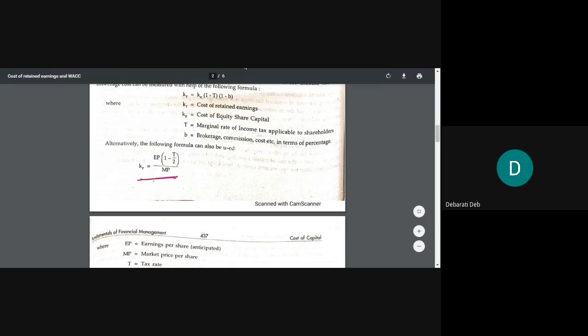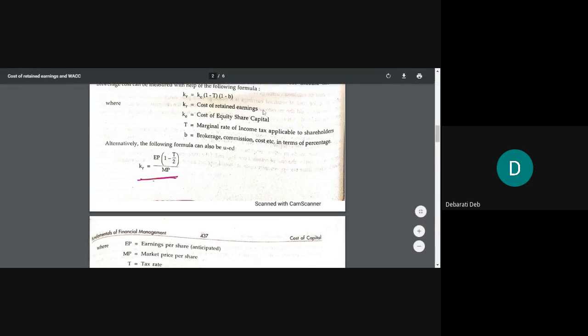We name it as small b equals brokerage, commission, cost, etc. in terms of percentage. This will be in terms of percentage, as well as the tax rate will also be in terms of percentage.